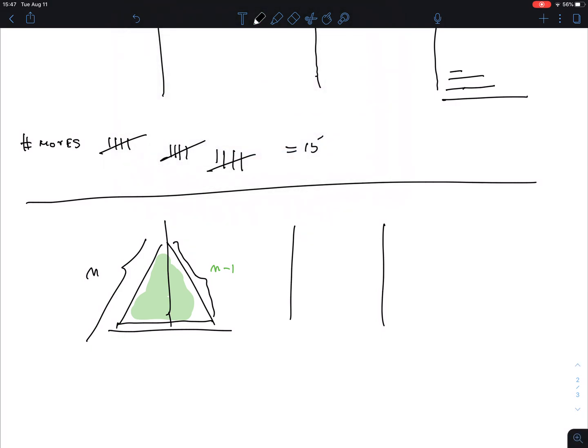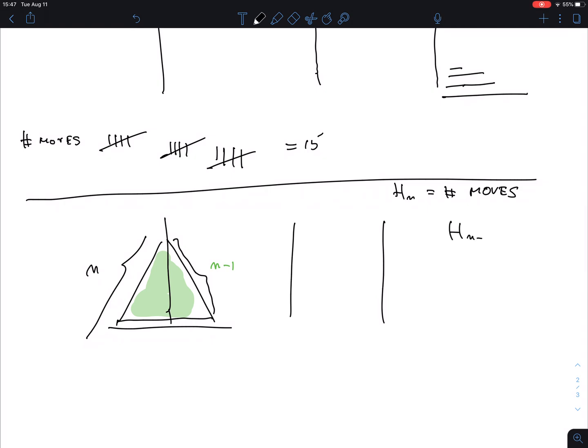H of n is the number of moves. So to move that green pile, how many moves do I have? H of n-1 moves, right? And I move this green pile to, say, here. So here's my green pile of n-1.